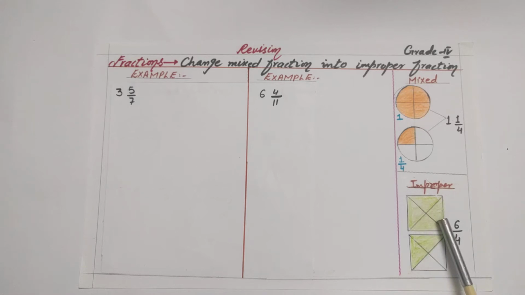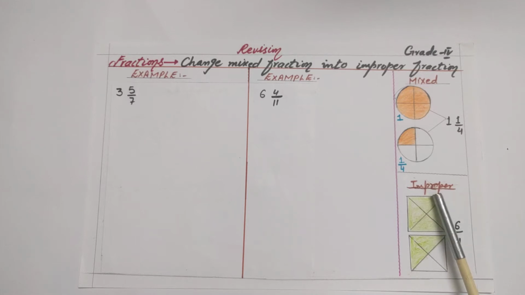This one is a whole and all four parts of the whole are used, and this one is again the same whole and two parts are shaded. That's why a total of 1 2 3 4 5 6 parts are shaded, so the numerator is 6 and the denominator is 4. That's why this is an improper fraction.